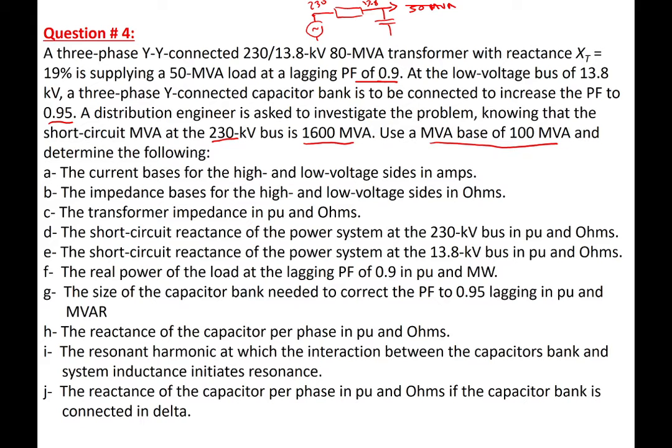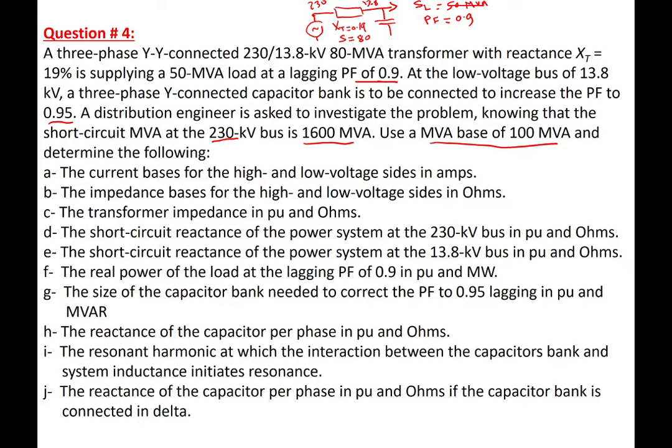Okay, and the XT for the transformer is 19%, 0.19, and S for the transformer equals 80. So this is the simplified circuit, and again S load is 50 mega, and the power factor is 0.9.